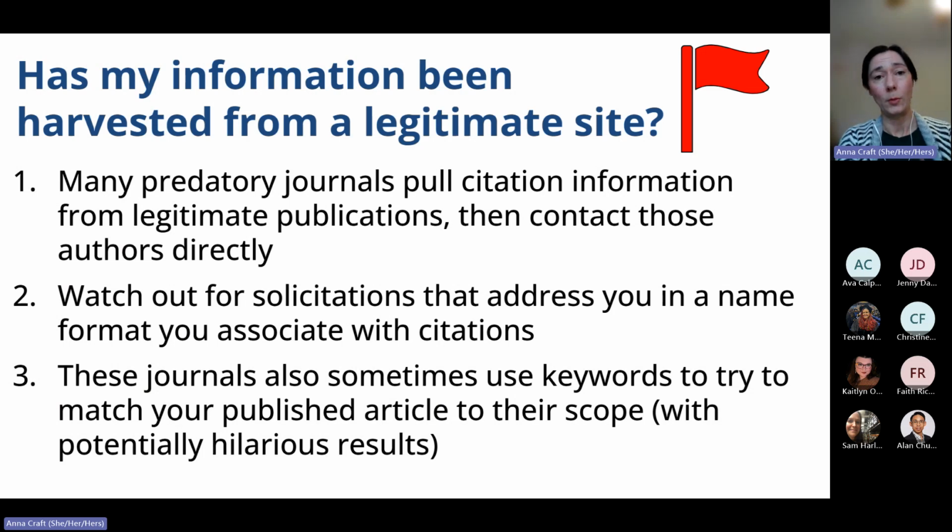So they're seeing that you've published, they know you're an academic, they know that's their target market, they're getting your email address, seeing what keywords you've published under, and then contacting you. So watch out for solicitations that address you in a name format that's funny, that you might associate with citations, or where your keywords have been matched up without any context about if it's actually the right usage.